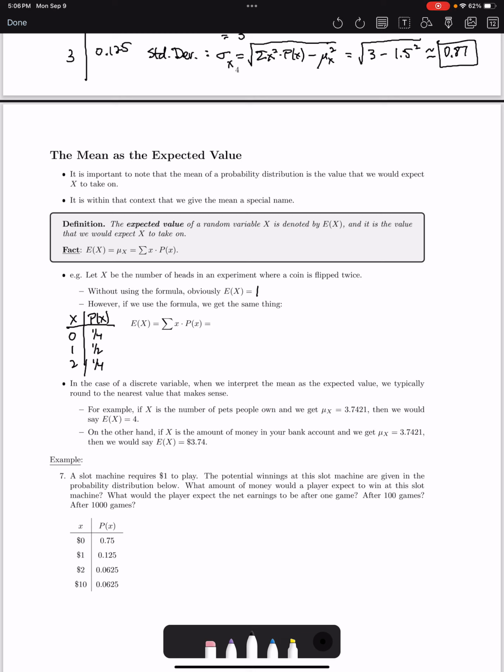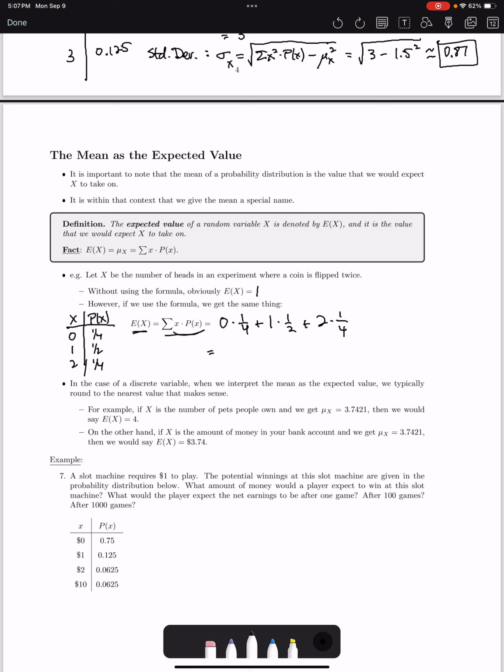Okay, so using our formula, the expected value, which is the same thing as the mean, is 0 times 1/4 plus 1 times 1/2 plus 2 times 1/4.